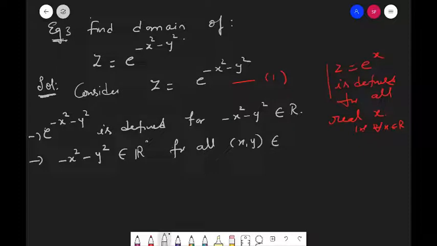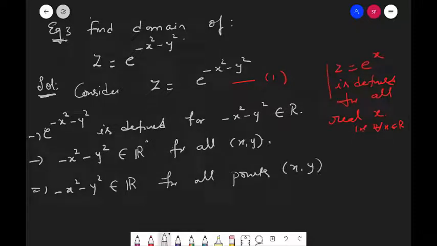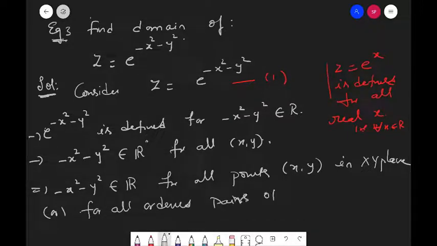That implies minus x square minus y square belong to R for all points x comma y in xy plane, or for all ordered pairs of real numbers x comma y.